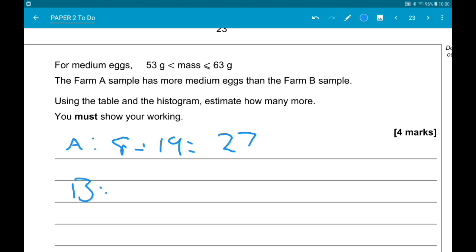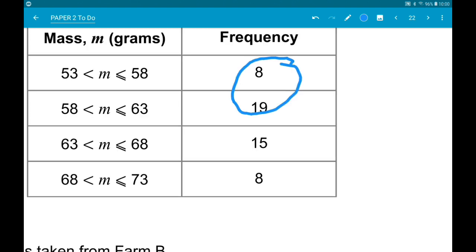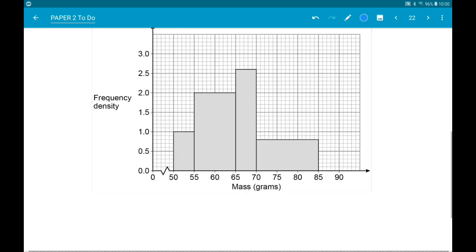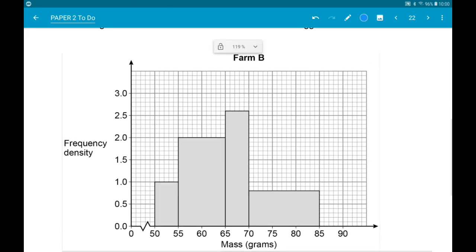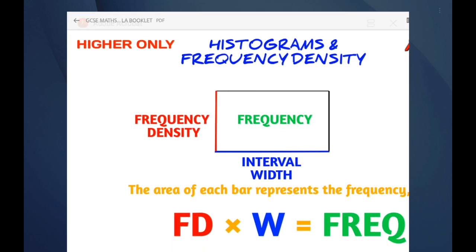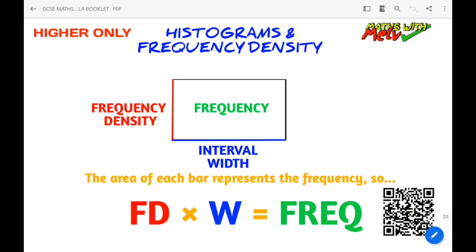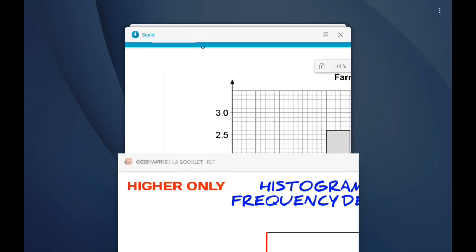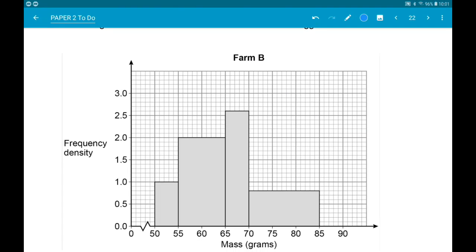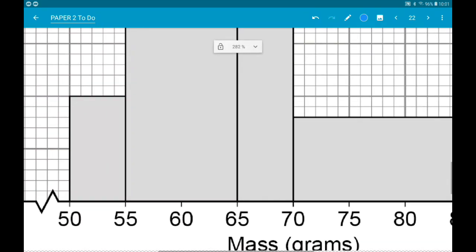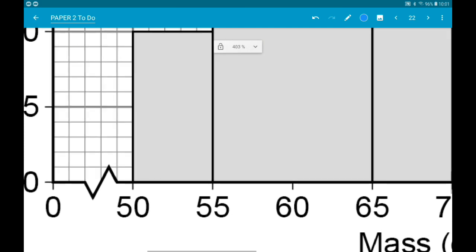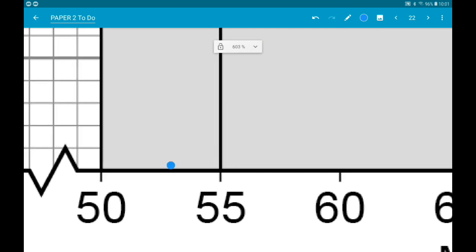Now for farm B, we're using the histogram. Now with histograms, the area of the bars represents the frequency. So let's first of all find where 53 is. So 53 is going to be here.